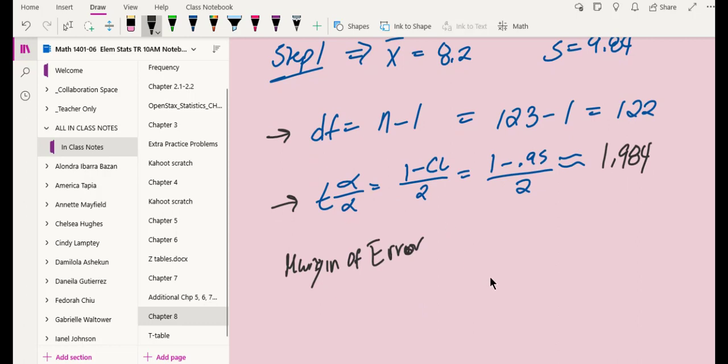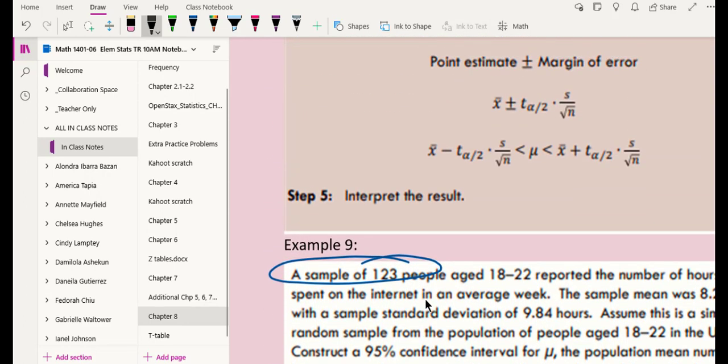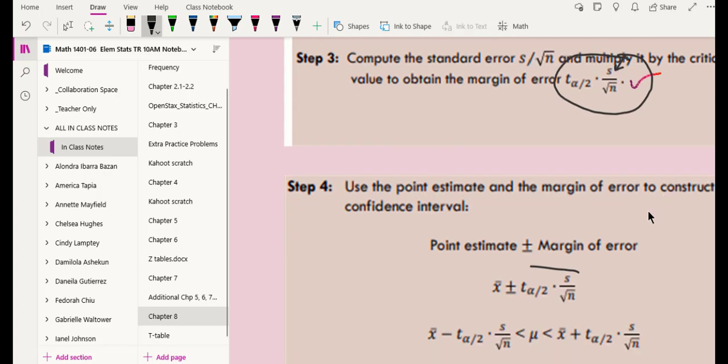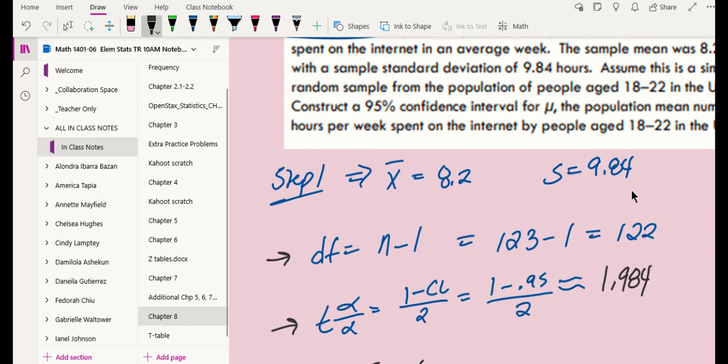And so we would now take our formula, right, which is: we would take our critical value and multiply it by our standard error in order to get our answer. Okay?